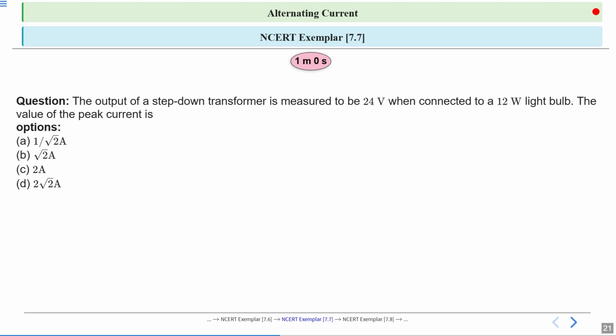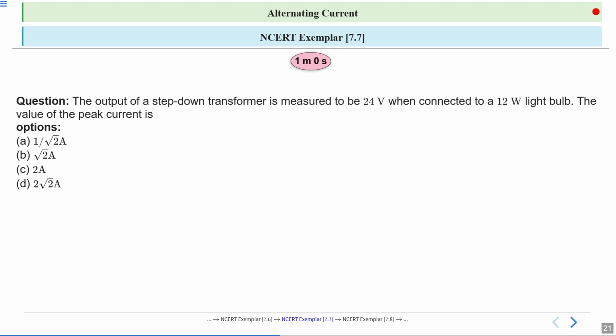So output of a step-down transformer, which means it is decreasing the voltage, is measured to be 24 volt. So what is this 24 volt? Vs, when compared to a 12 watt light bulb, the value of the peak current is, so you have to find the Im.